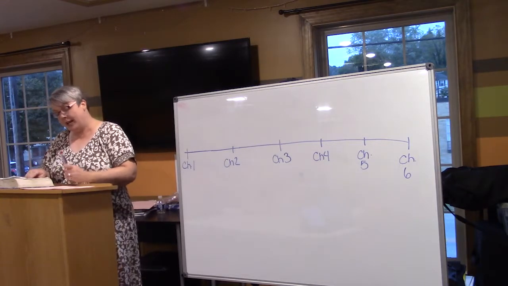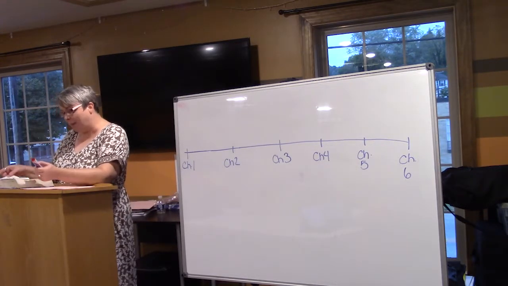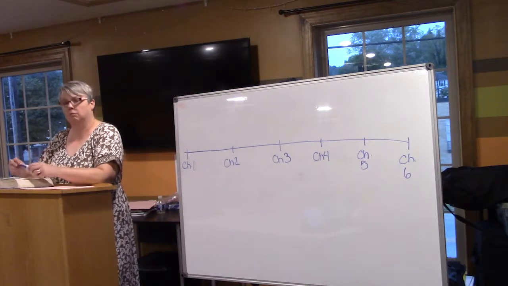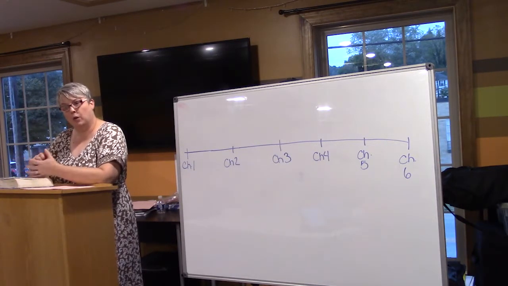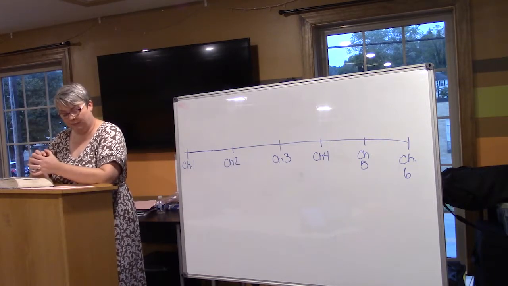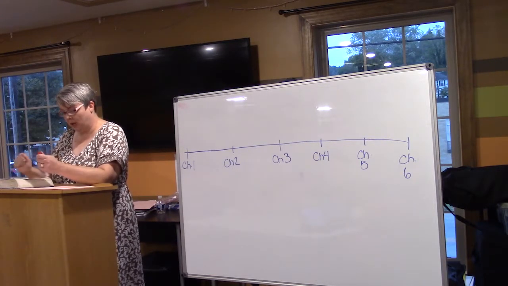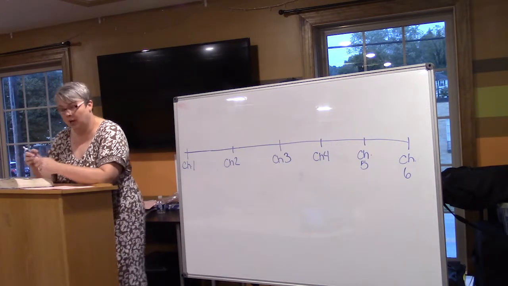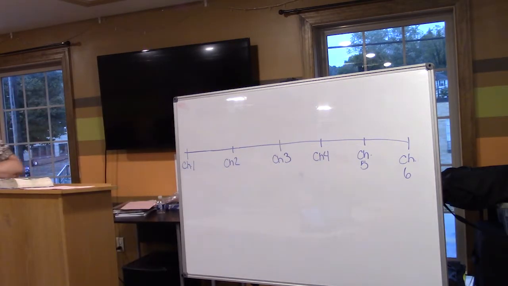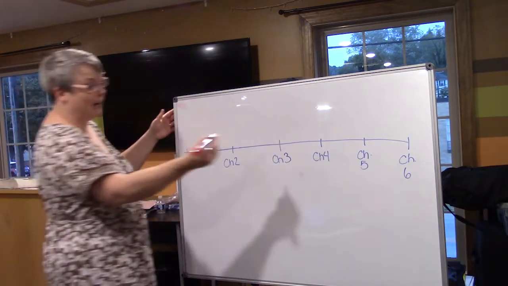So if this is in his first year, where would chapter 7 fit in relation to chapter 5? Well, in chapter 5 he dies. So where would it need to be? It's right before there. Yes, so it would be somewhere between chapter 4, when Nebuchadnezzar's still living, and chapter 5.